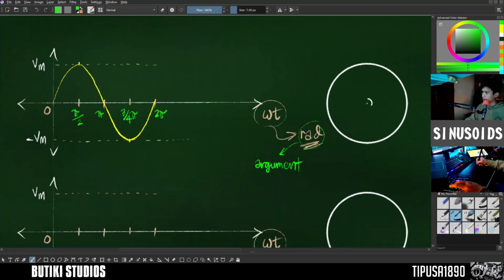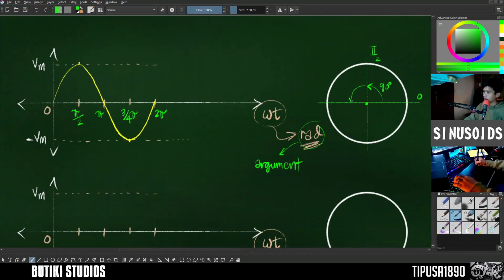If we base it on the circle here and draw a straight line down, we draw the quadrants. So these are your quadrantal angles. Starting at 0, when we rotate 90 degrees, 90 degrees in radian is pi over 2.